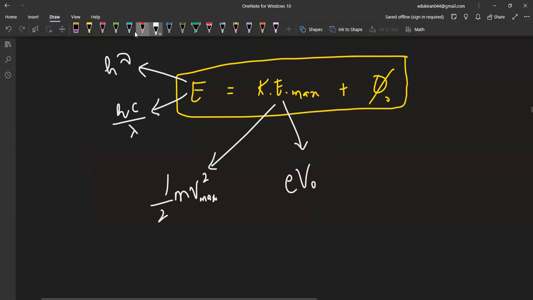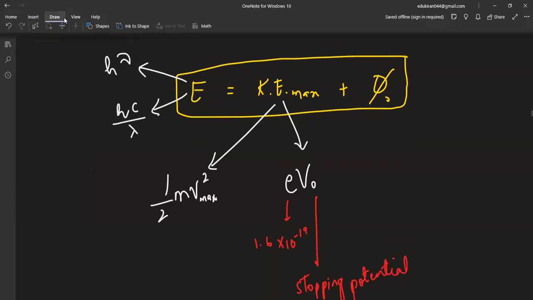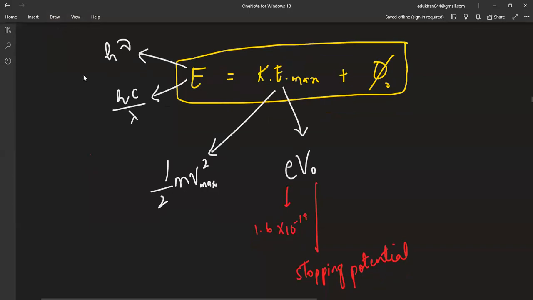This is the charge, 1.6 into 10 to the power minus 19, and this is the stopping potential. So these are the possibilities of kinetic energy that can be used. I am telling you all the forms so that whichever variable's value is given, you can put it into your equation and find that.